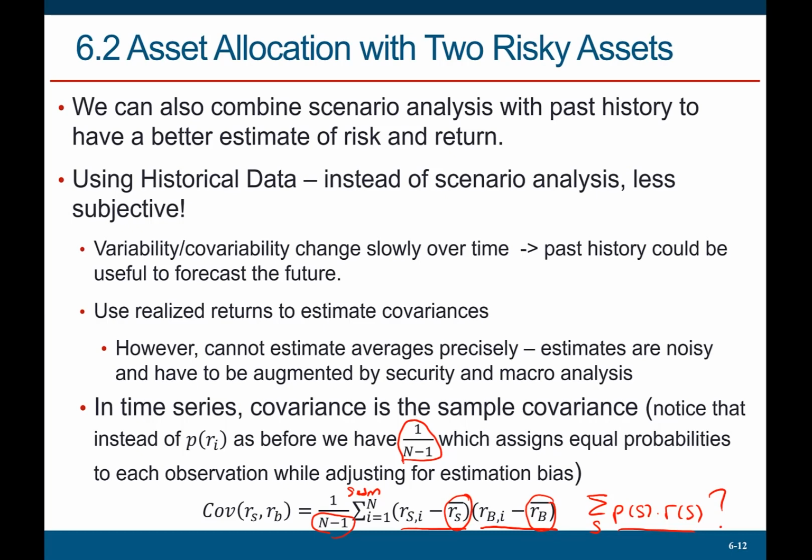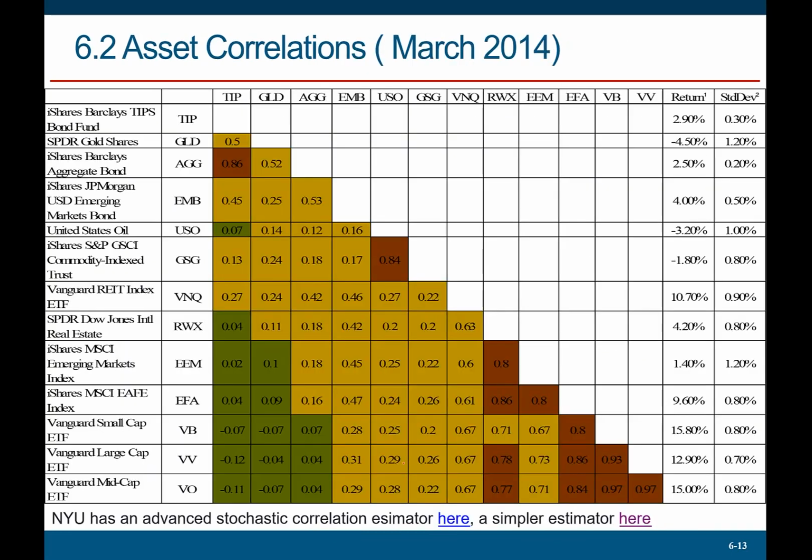All right, so how are we going to use this in practice? We're going to construct something called a correlation matrix. This is an example of a correlation matrix from March 2014. We're going to have the same terms on the x-axis and the y-axis. TIP is the ticker for a TIPS bond fund, and as you can see, GLD, AG, EMB, USO.